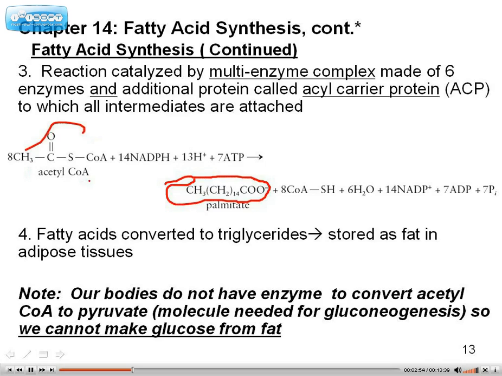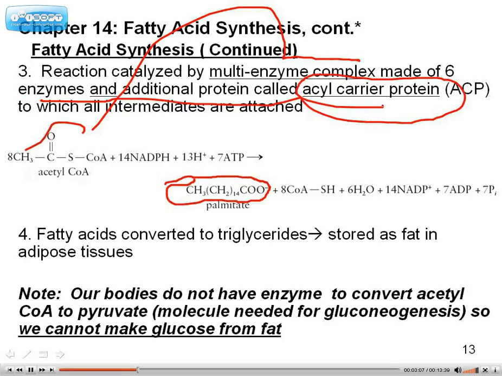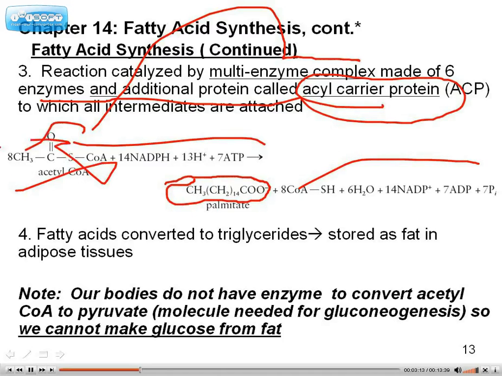Now, I'm not going to go through the big process of how this occurs. Just know that it's a multi-enzyme complex made up of 6 enzymes all clumped together along with an additional protein called an acyl carrier protein. This is the general before and after. Yes, there are multiple steps, but that's the overall reaction that you're responsible for knowing, since we are short on time. Fatty acids are then converted into triglycerides and they're stored as adipose tissue.